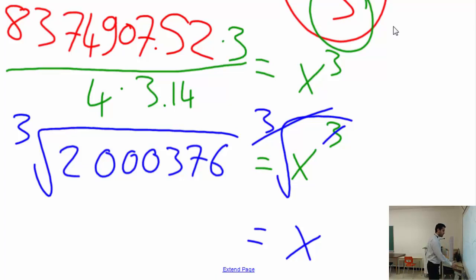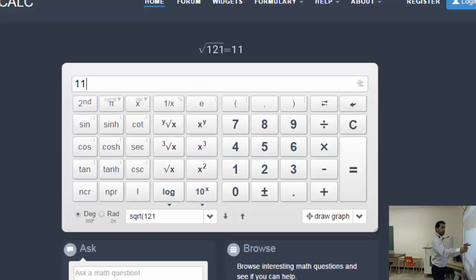Let's go and do that. Cube root of 2,000,376. So let's go ahead and press equal.